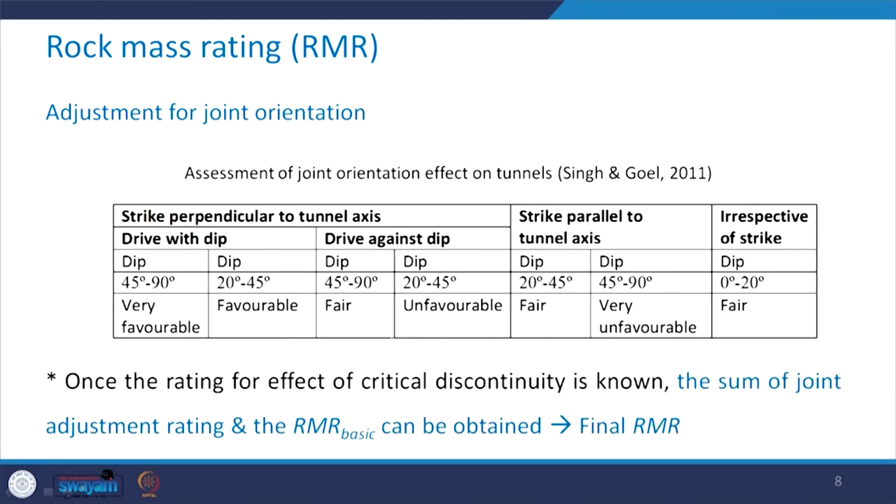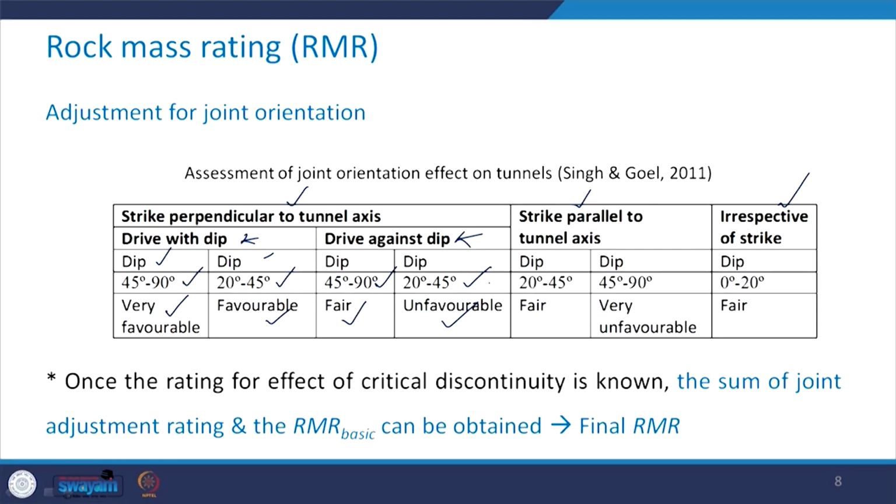Based upon this, take a look at this table: strike perpendicular to the tunnel axis, strike parallel to the tunnel axis, and this irrespective of strike. So, drive with dip and drive against the dip. You have dip values. If it is 45 to 90 degrees, it is very favorable. If it is 20 to 45 degrees, it is favorable. If the tunnel is driven against the dip and the dip is 45 to 90 degrees, it is fair, and for 20 to 45 degrees of dip, it is unfavorable.